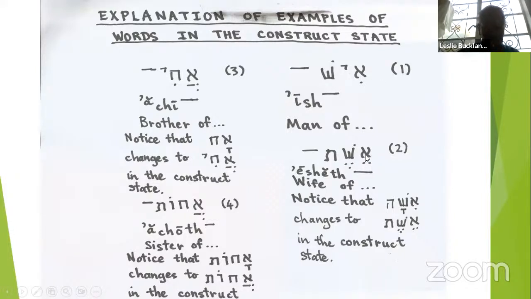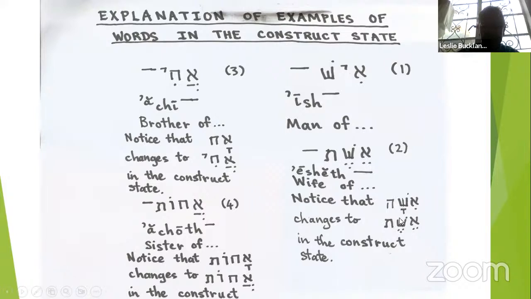Number two, Asheth, wife of. Notice the makaf, the horizontal line to the left-hand side of Asheth. And notice that Isha changes to Asheth when the noun is in the construct state. Notice that the short hirik changes to the sire, the kames changes to the segol, and the hay changes to a tav when it's in the construct state.